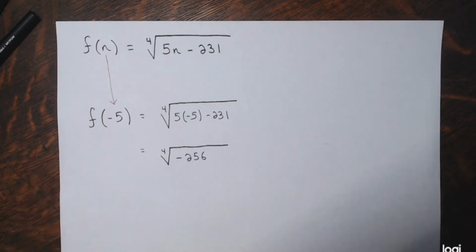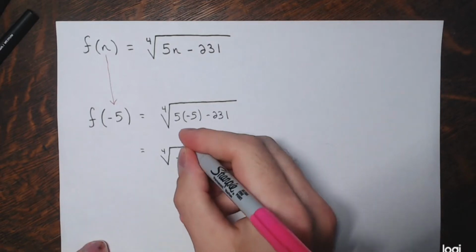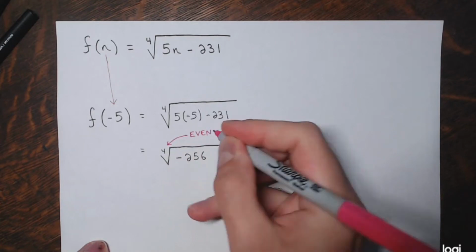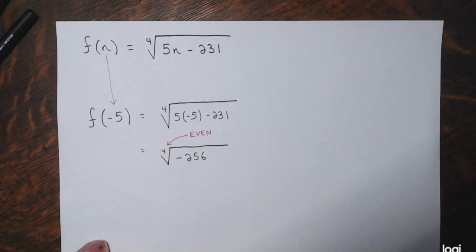Alright, but wait a minute. This is an even root, a 4th root. Square root, 4th root, 6th root, it's an even root.